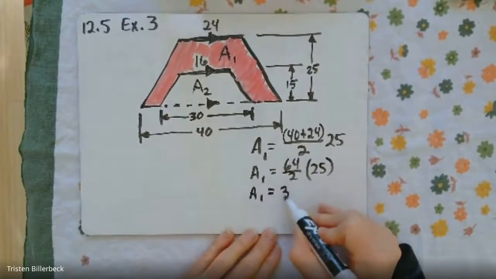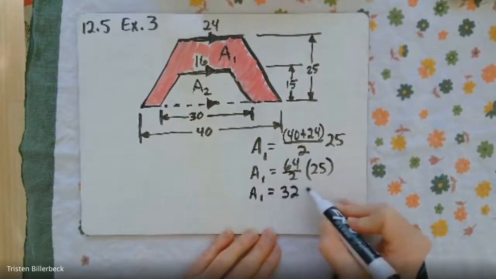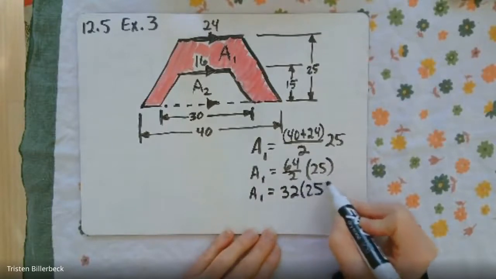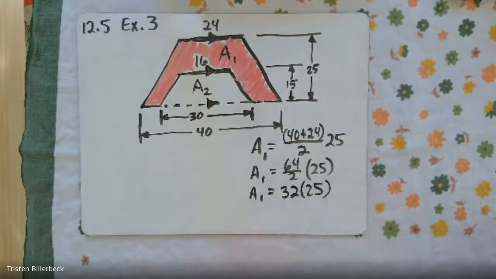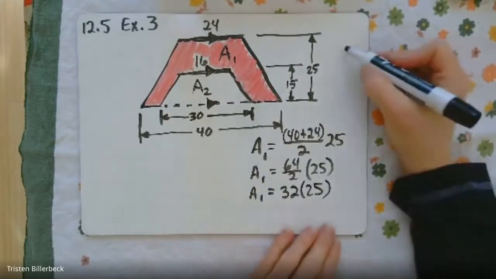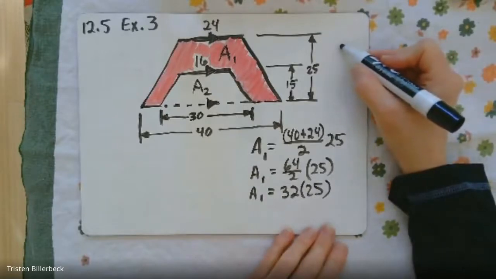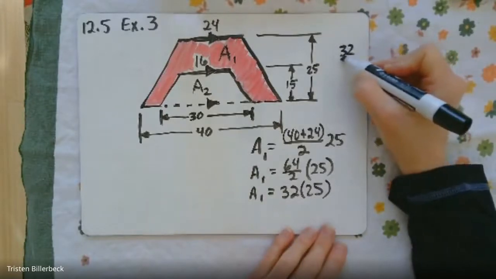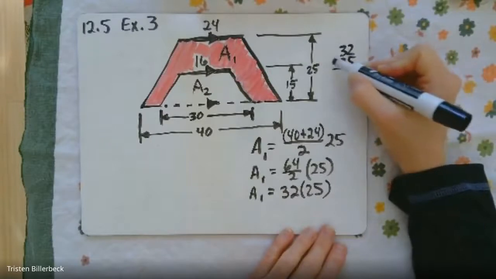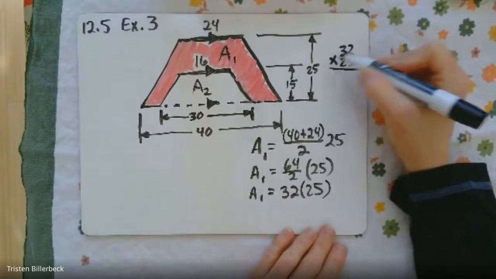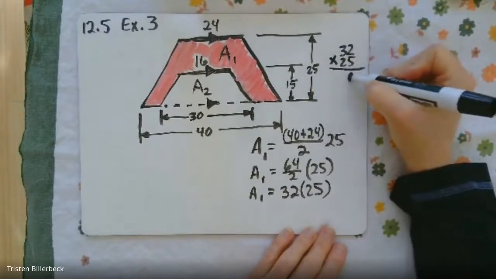Okay, so this one's a little harder. So we're going to have to set this up and do some multiplication. If we don't have a calculator, we can do a little multiplication right here. Let's do it the old-fashioned way. 5 times 2 is 10.